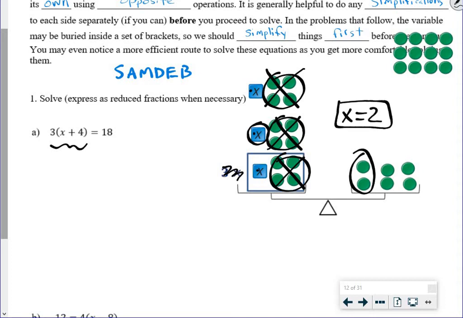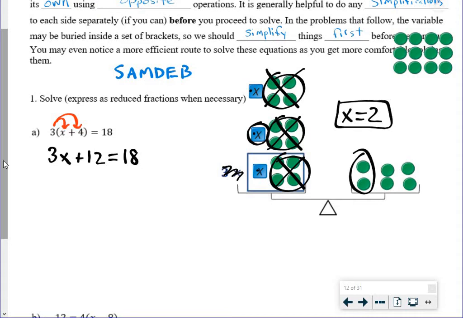So let's see how that looks using the inverse operations and whatnot. So what we can do is 3 times x and 3 times 4, a lot like we did in the polynomial unit on the last unit. So we have 3x plus 12 equals 18. And now it's just business as usual.